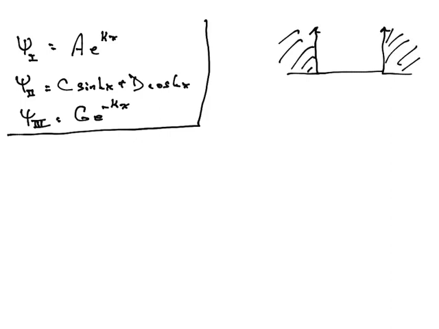The boundary conditions were that you could have some wave in here, but the wave had to go down to 0 at the boundaries, right? And so we said the boundary condition was psi at x equal to 0 at the boundary must be 0. And psi at the boundary x equal to a must also be 0. Remember, those were the boundary conditions.